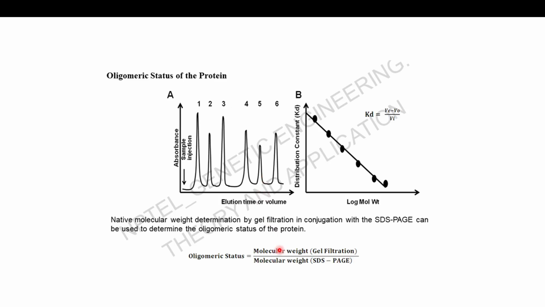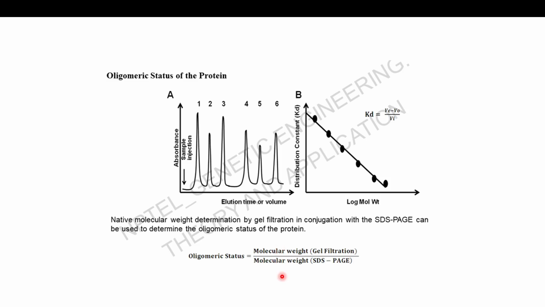But upon running on SDS-PAGE, which is a denaturing electrophoresis, if your protein is dimerizing or forming oligomers, it ruptures the native state of the protein, and your monomeric form of protein will run on SDS-PAGE.